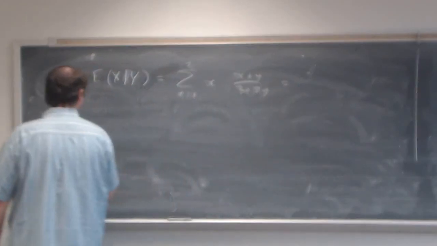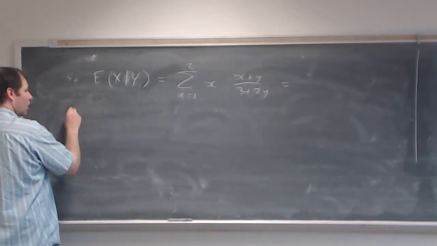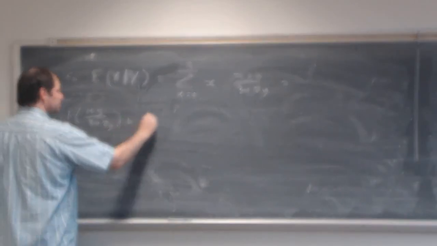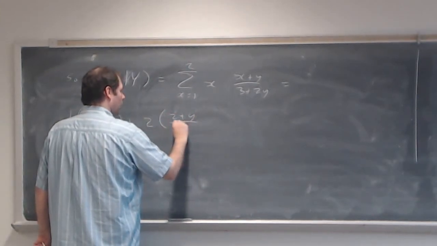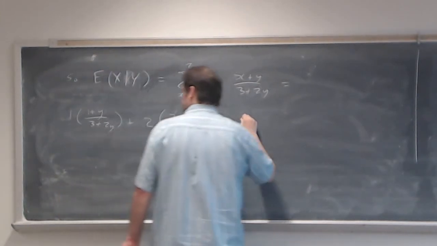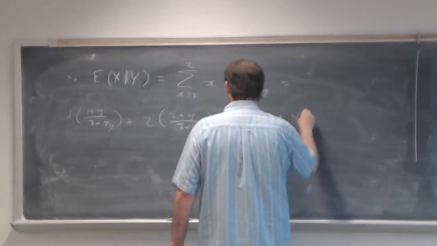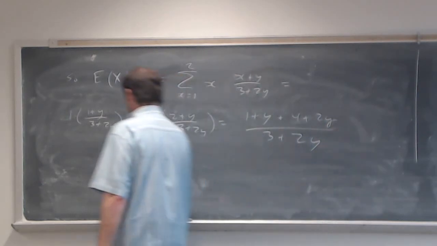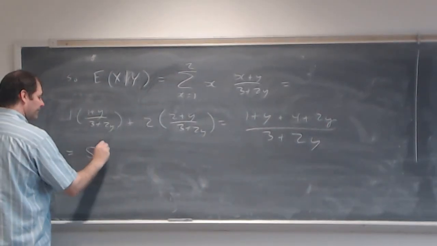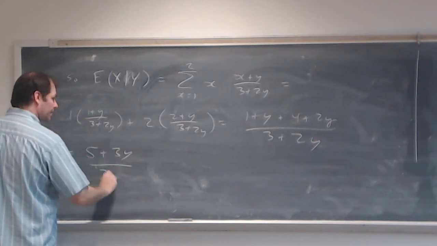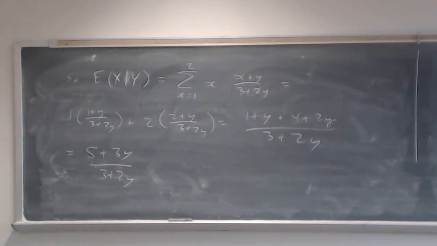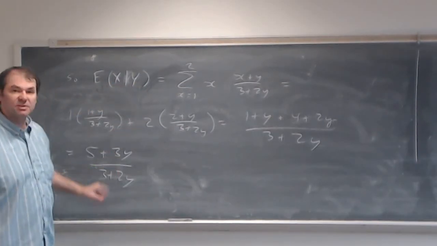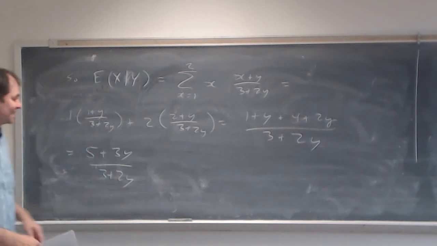So when x is 1, that's 1 times 1 plus y over 3 plus 2y, plus 2 times 2 plus y over 3 plus 2y. That's going to be 1 plus y plus 4 plus 2y, all over 3 plus 2y, and that is equal to 5 plus 3y over 3 plus 2y. So that's what we get. We get some expression for the conditional expected value of X given Y in terms of y. That's something to keep in mind.